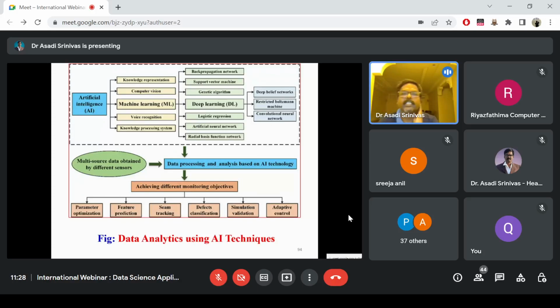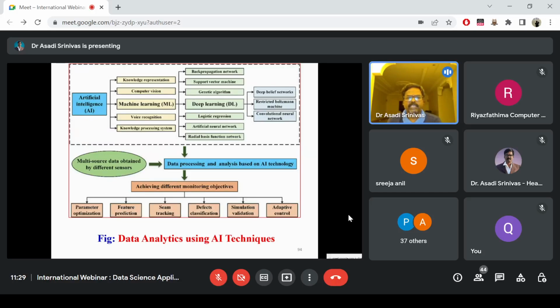In deep learning especially, we are using genetic algorithm, logistic regression, artificial neural networks, radial basis function network, deep belief networks, restricted Boltzmann machine, convolutional neural networks. So these are the various AI techniques we are using.